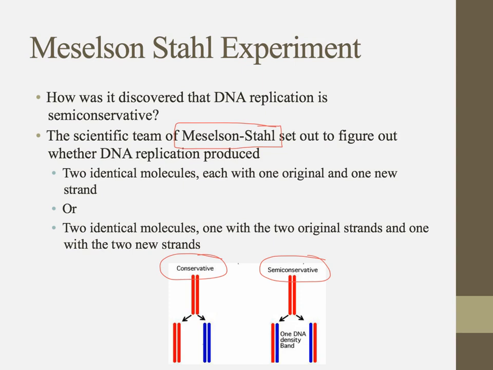We're not talking political candidates here, okay? What this means is, was DNA replication producing an entirely new copy, or was each molecule made of one new strand and one old strand? This is what they were trying to figure out.